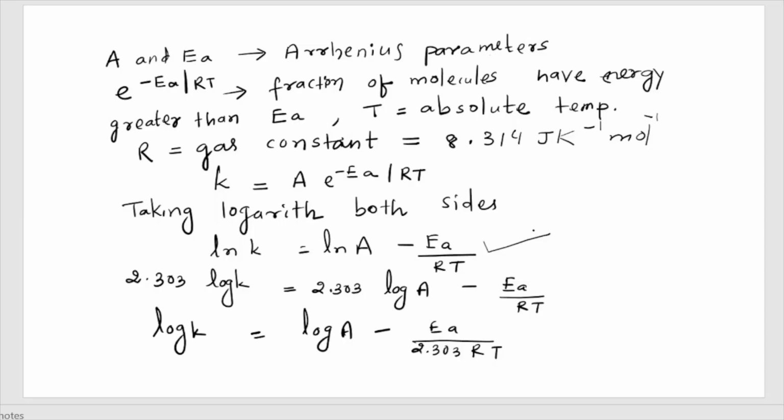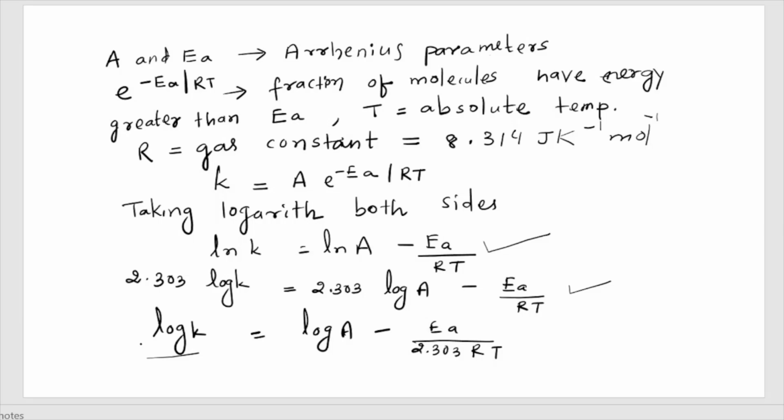If instead of ln you put 2.303 log, and multiply by 2.303, then if you divide both sides by 2.303, what is the value? Log K equals log A minus EA by 2.303 RT.